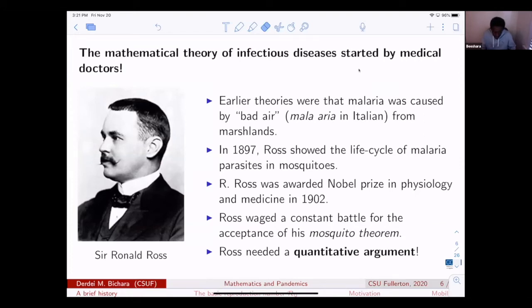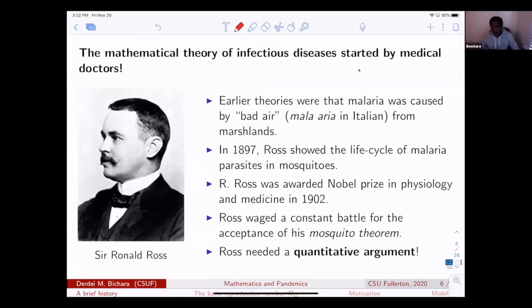Before him, some people had shown that it's actually not caused by bad air, but by mosquitoes. So Ross definitely proved that the cycle of malaria is in mosquitoes. Mosquitoes will transmit to humans, and humans will transmit back to mosquitoes.